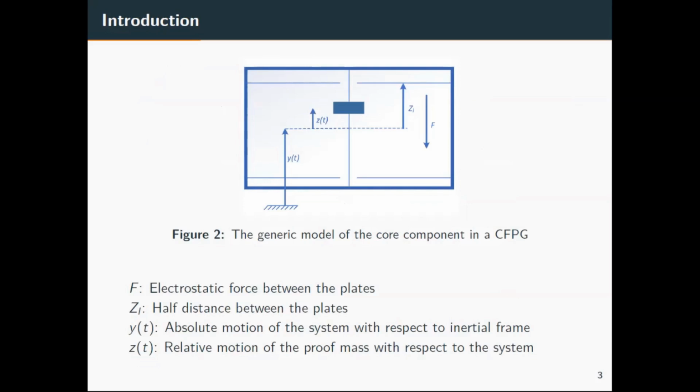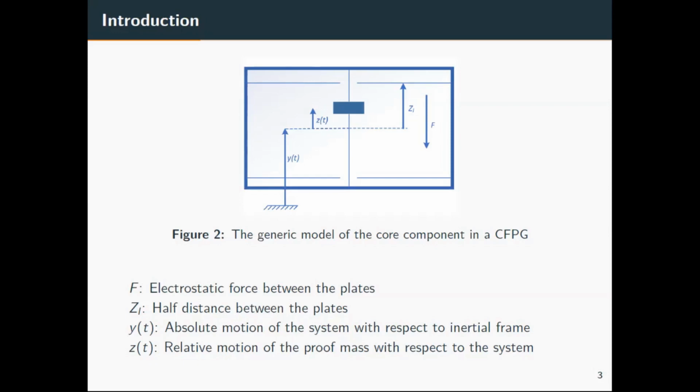I'm not going to use too many equations, just a few of them, and because of that I have some variables and parameters here. The distance between the two plates is 2ZL, and we have a proof mass which sticks to one of the two plates because of the electrostatic force.